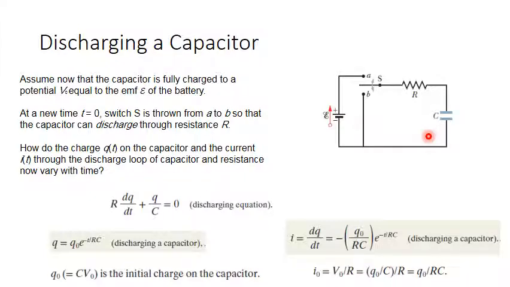So, in this case, we are saying that the potential at the capacitor, Q over C, plus the voltage drop at the resistor, R multiplied by I, and I here is replaced by dq over dt, equals 0.